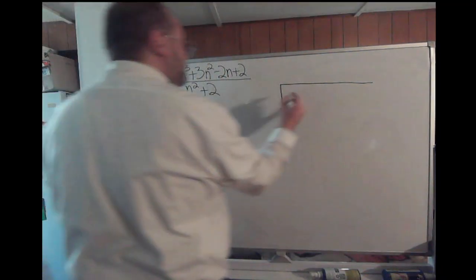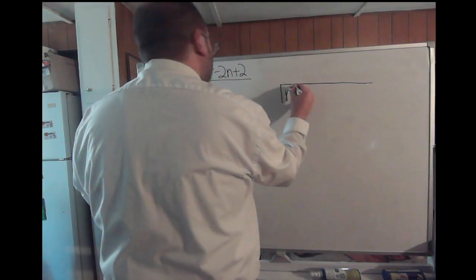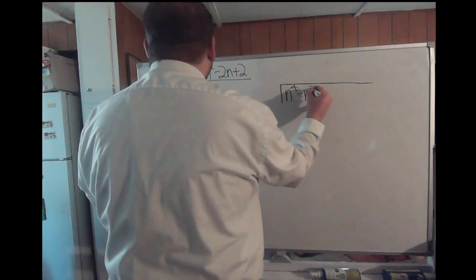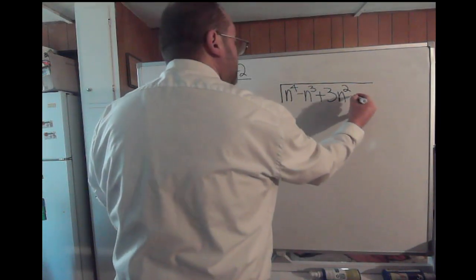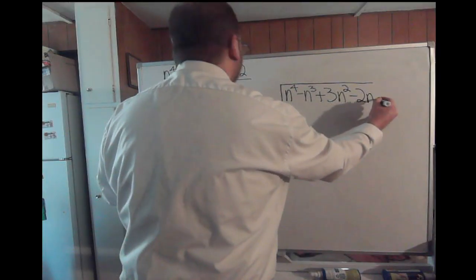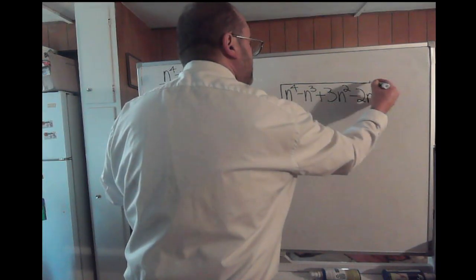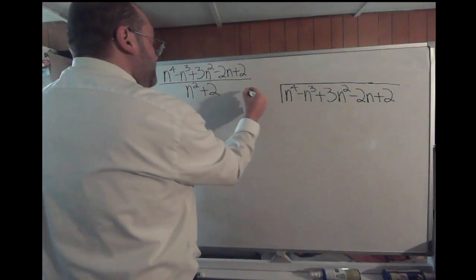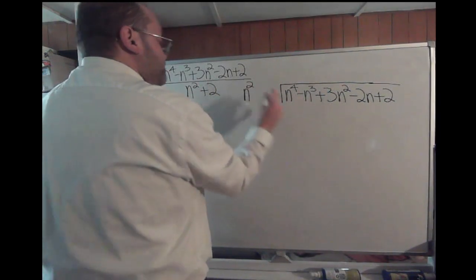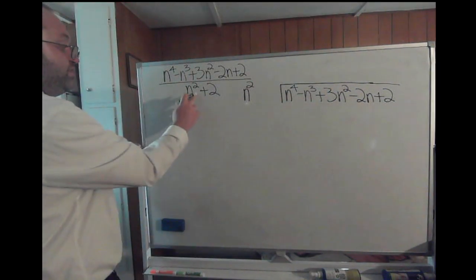We have n to the fourth minus n to the third plus 3n to the second minus 2n plus 2, all that divided by your divisor. Now, your divisor, you have an n squared. Just like you would with a dividend, you have no n to the first.